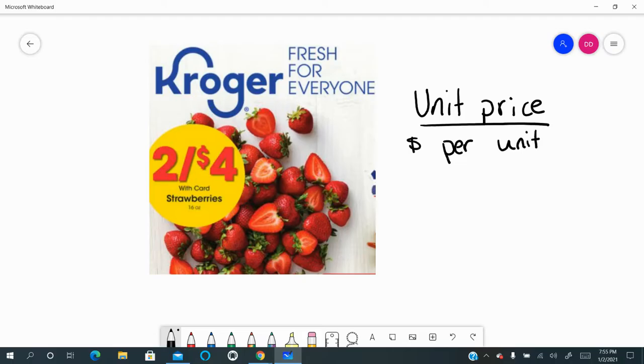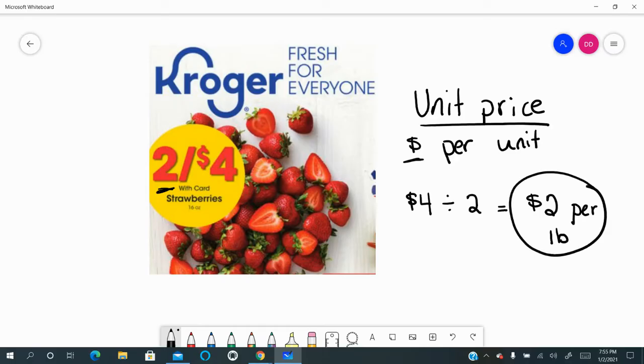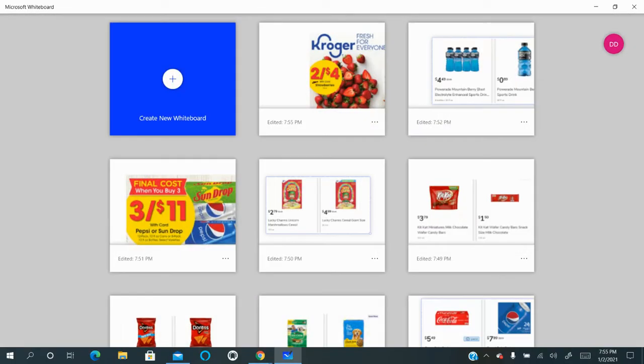And what that tells me is we're going to put the dollars in the calculator first. So even though the 2 is first, I don't want to do 2 divided by 4. That wouldn't make sense. Instead, I want to do $4 divided by 2. And that tells me these strawberries are $2 per pound. That's the unit rate.